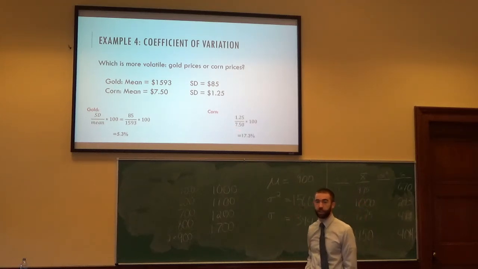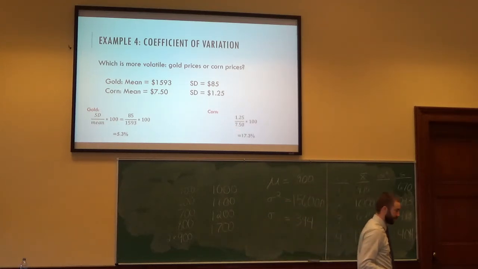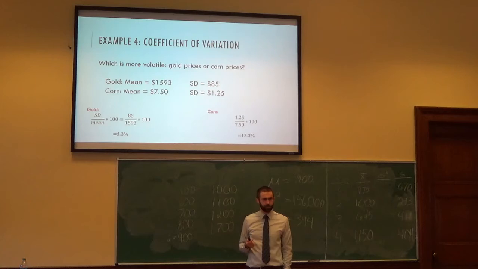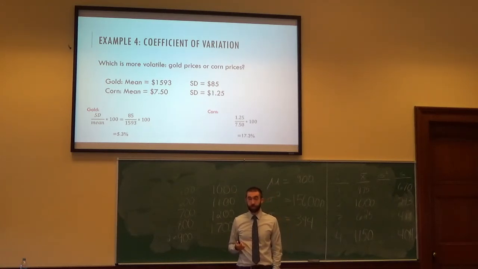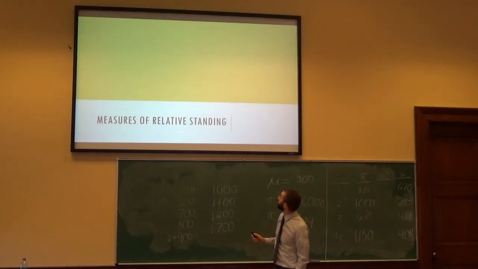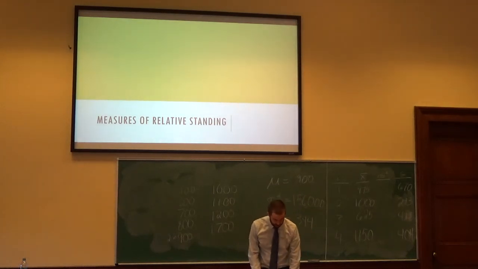Corn is much more variable. It's much more volatile in prices than gold in this example. That might be interesting to us. But it's really hard to see if you don't use the coefficient of variation. Okay, let's go to the next exercise.